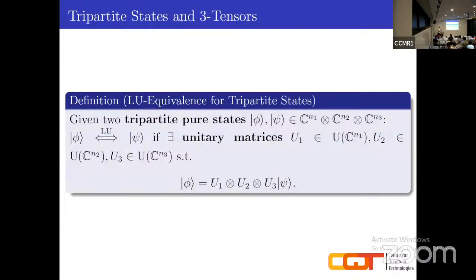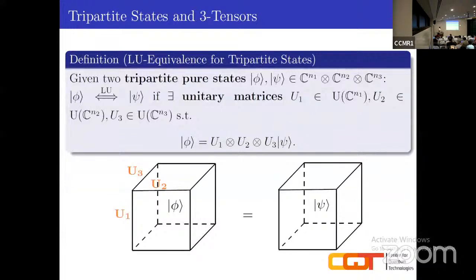Now we want to prove the algebra isomorphism reduces to the tripartite LU equivalence. So let's recall the definition of the LU equivalence. It's like that, and you can think of phi and psi as 3 tensors, and this U1, U2, and U3 will act on the 3 directions of this 3 tensor.